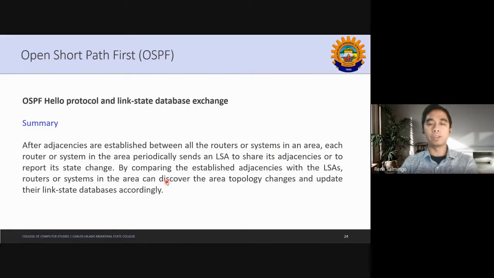By comparing the established adjacencies with the LSAs, the routers or systems in the area can discover the area topology changes and update their link state databases accordingly. So that's how open shortest path first works.